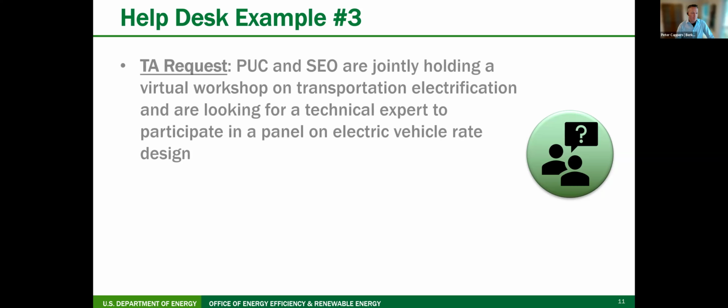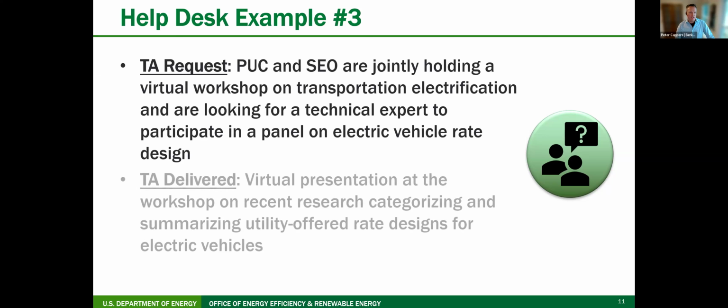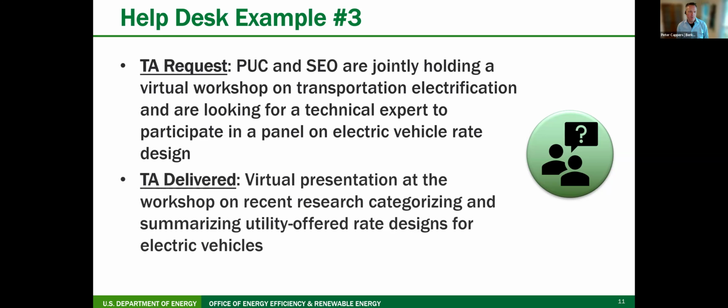Now, in this last example, a manager of the PUC is working with a counterpart at the state energy office to pull together a virtual workshop on transportation electrification. One of the panels will be focused on electric vehicle rate design, and they'd like someone from the labs to participate.